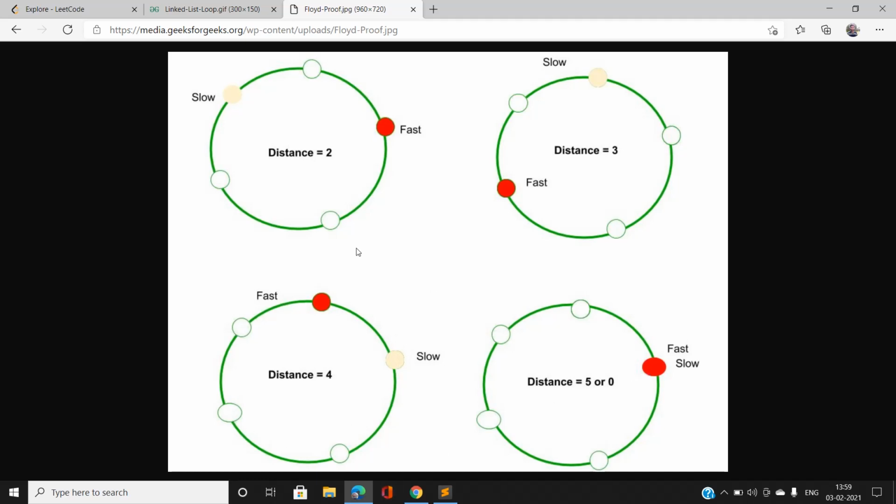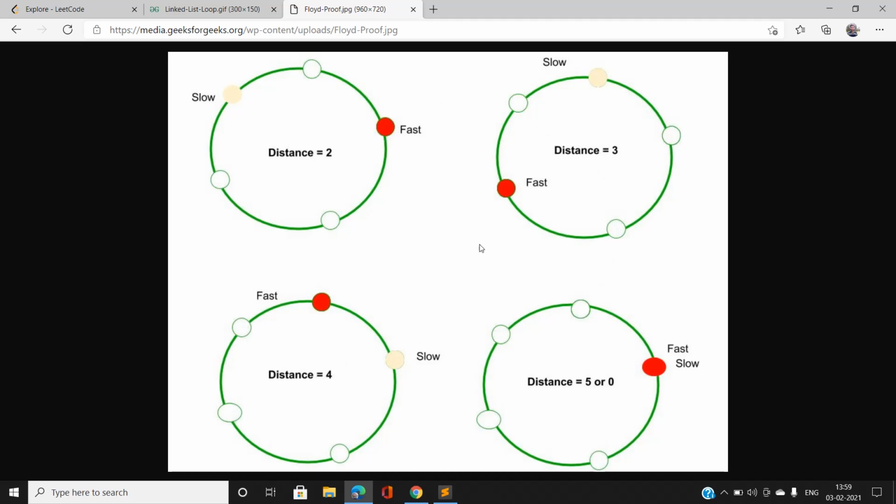So if the slow and fast pointers are moving in a cycle of length n, and each time we increment the slow pointer by 1 and the fast pointer by 2, then the distance between them is always going to increase: one node distance, two node distance, three node distance.